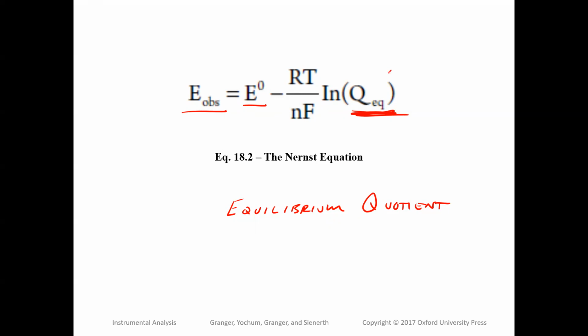But this is where we take into account the concentration of our known half of our reaction and the unknown half of our reaction, because R is constant, temperature constant, the number of electrons passing constant, Faraday's constant.